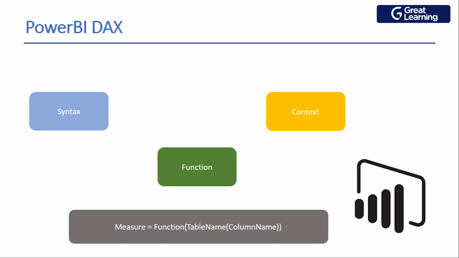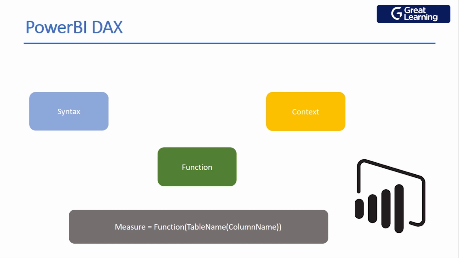Now, context is the ability to create functions. If you are working with row values, this context would be called row context. Similarly, if you are adding a filter either to a column, to a row, or to the entire data, then it is called a filter context.